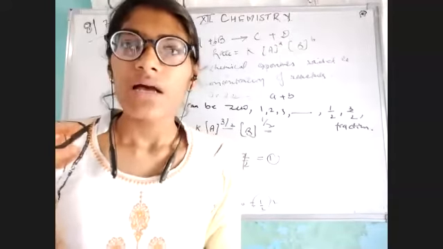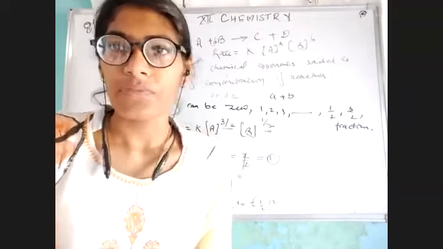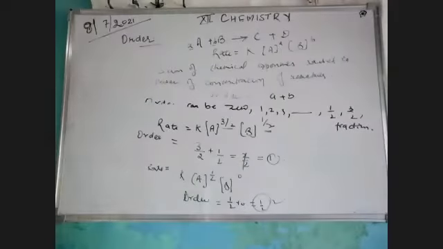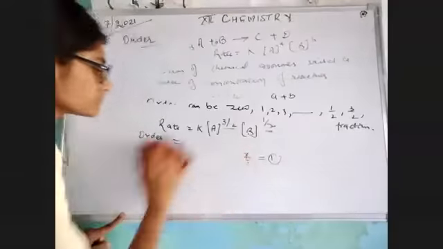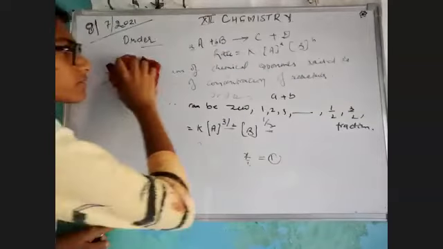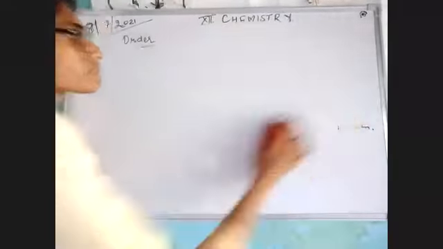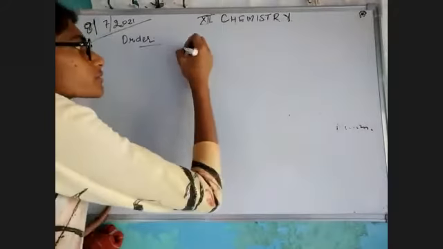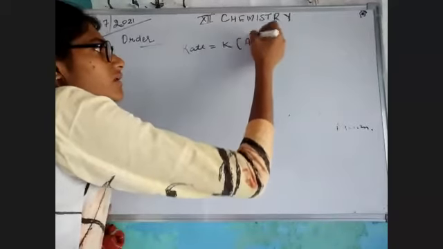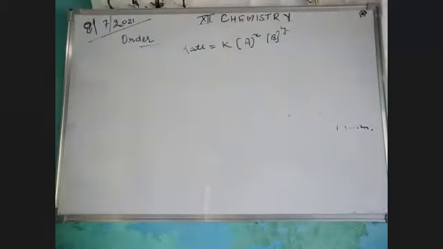But let's see how we can explain order with the help of the rate constant. Okay, let's take another example. As I have told you, my rate is equal to k [A]^x [B]^y, or it could be [A]^alpha [B]^beta, or n.